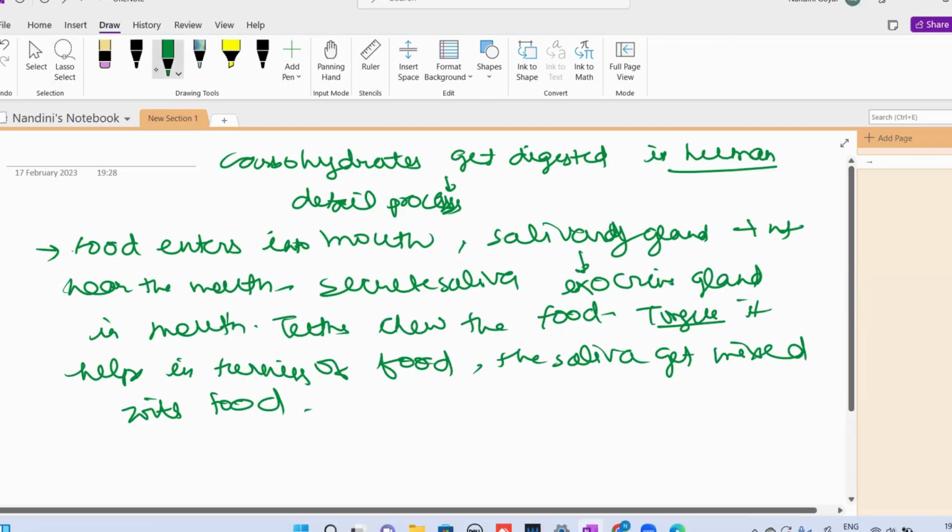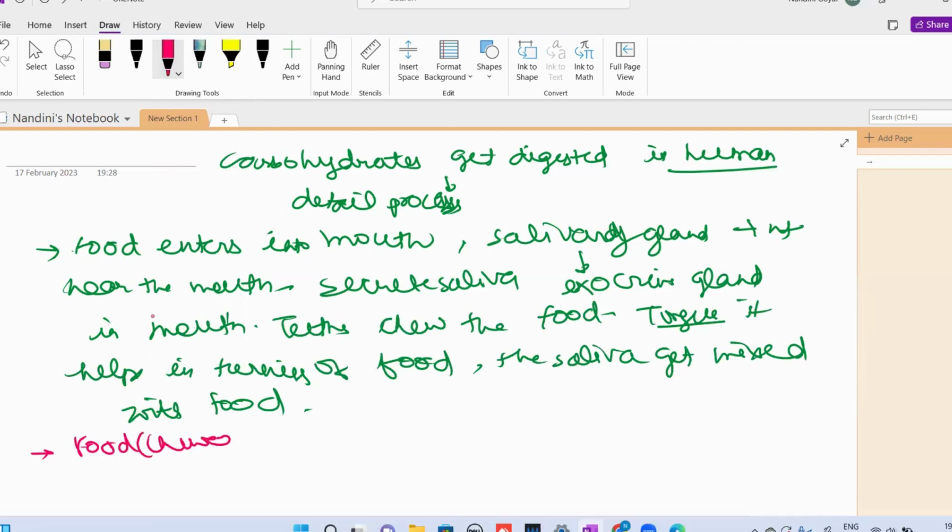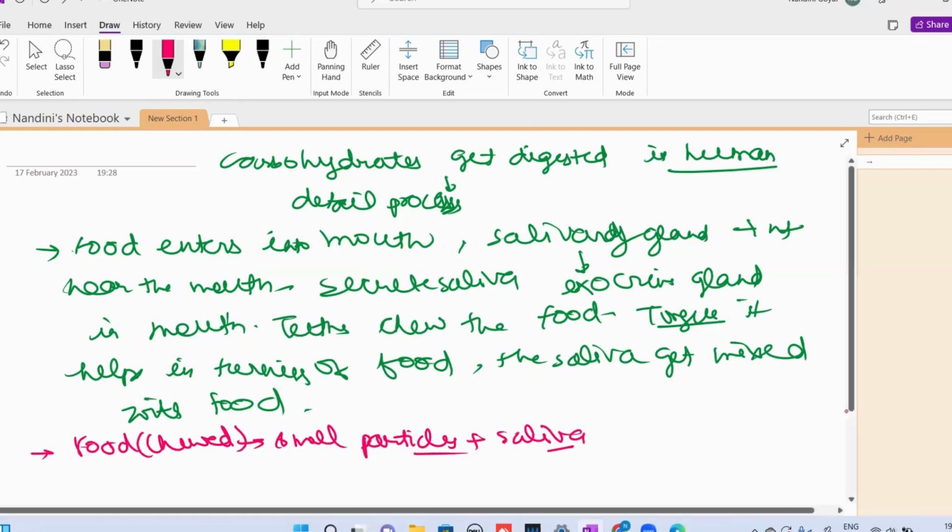Okay. So in the second point, what happened basically? Now we have chewed food, which means small particles of food, plus saliva. So we have these two constituents in our mouth now. As I told you, saliva contains an enzyme called salivary amylase.